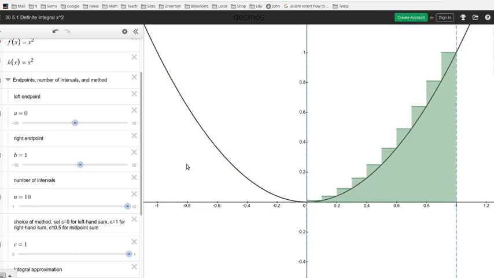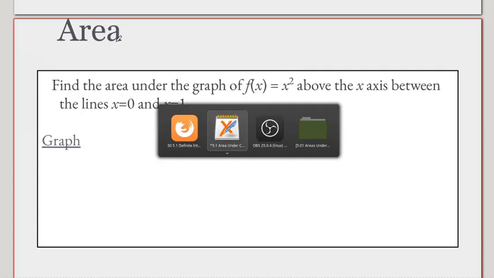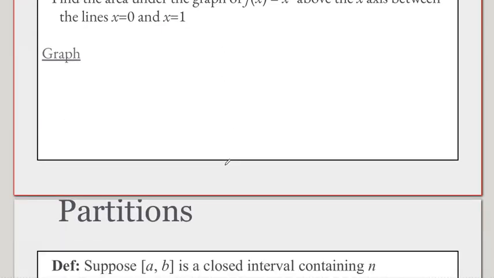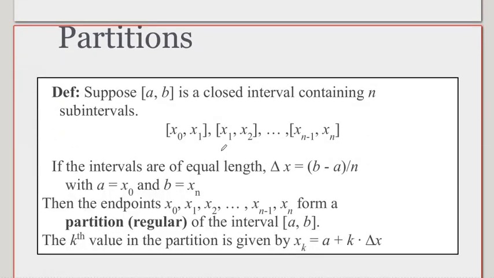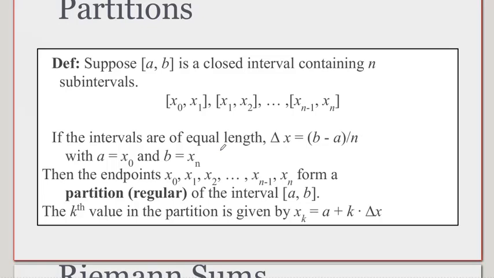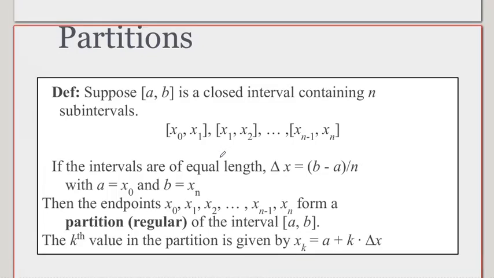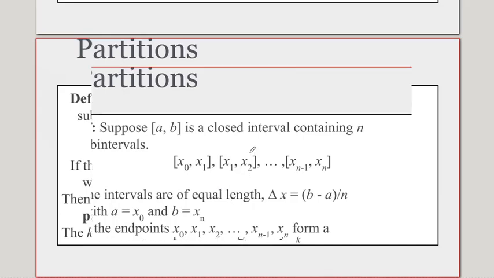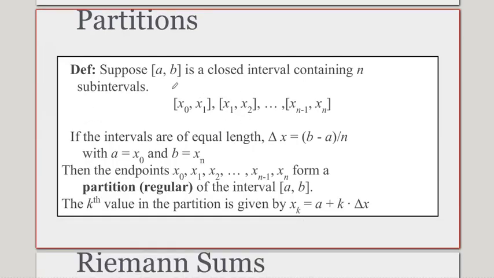All right, so let's look at how we're going to do this in practice. Our goal here is to estimate the area under curves. And the way we're going to do it is with this idea of partitions. So partitions are basically a set of x values.